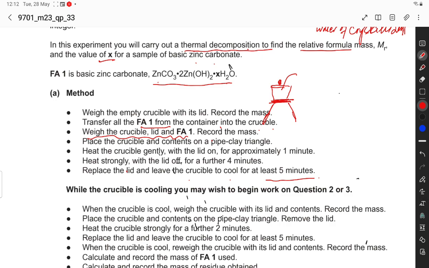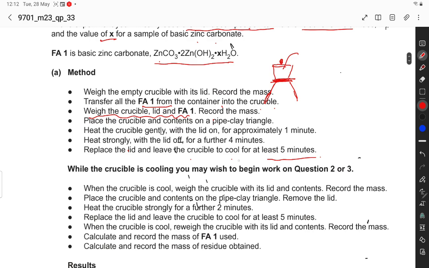When you heat the compound, remove this lid. Then replace the lid and leave the crucible to cool for at least 5 minutes. Heat the crucible gently with the lid on for approximately 1 minute and with the lid off for 4 minutes.